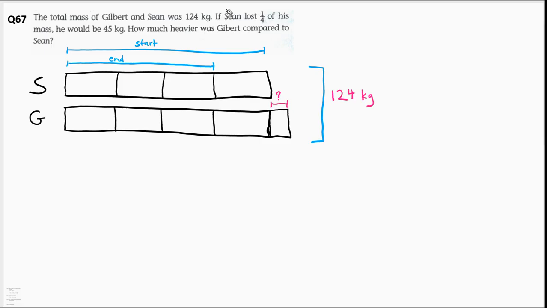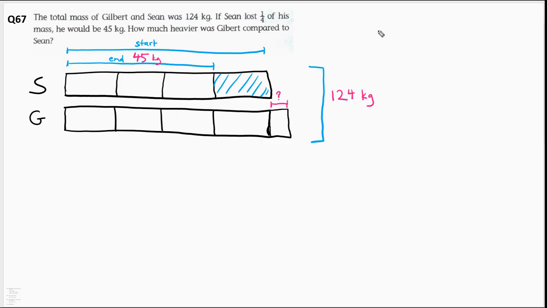Okay. Right, let's get back to what happens. It says if Sean lost a quarter of his mass, let's mark in that quarter. If he lost a quarter of his weight, he would be 45 kilograms. So this bit here has a value of 45 kilograms. And you can see that this 45 is the value for 3 of these equal parts.